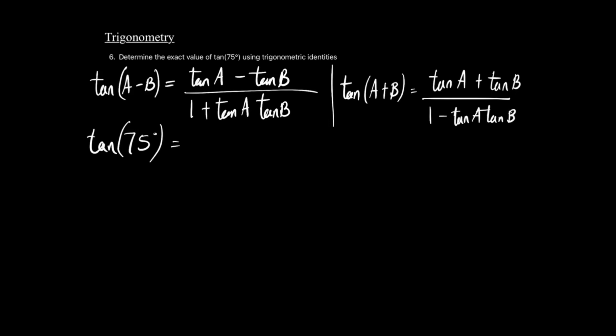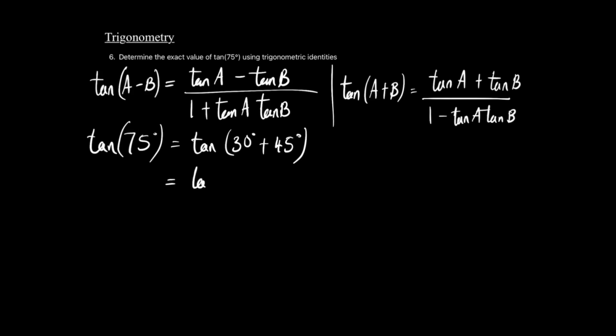So I would say tan 75 degrees equals tangent of 30 degrees plus 45 degrees. And now when I do this, I could substitute 30 and 45 for A and B into this here and solve completely.